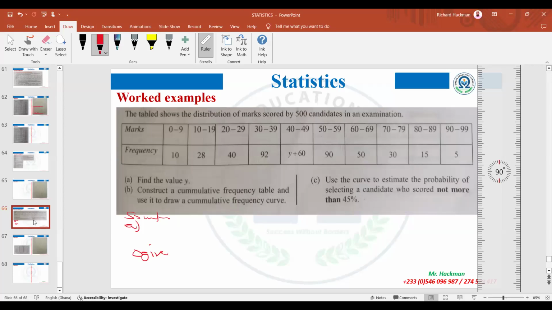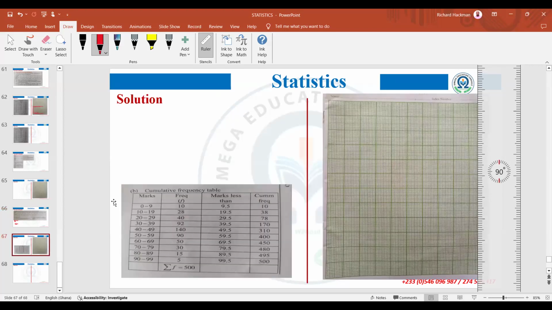However, usually we won't say upper class boundary. You will see max less than, if you are dealing with max. If you are dealing with age, you will see age less than. So for every cumulative frequency table, apart from the two columns that will be given, the other two columns that you add will be the max less than column or your category less than column.